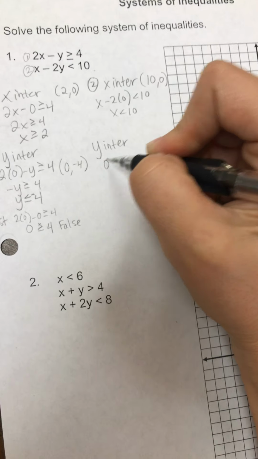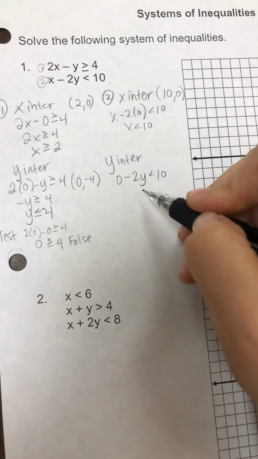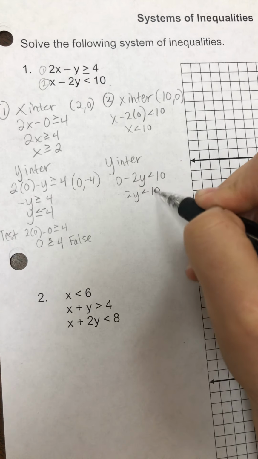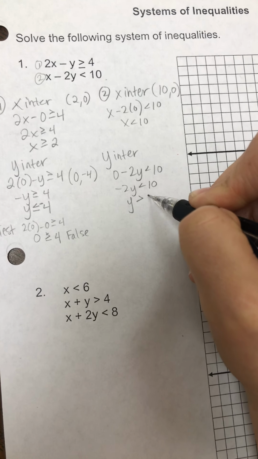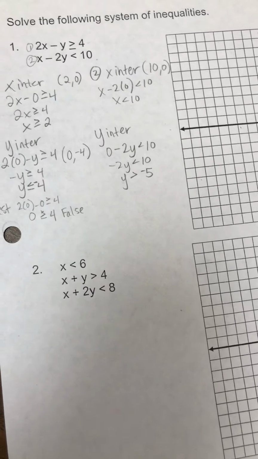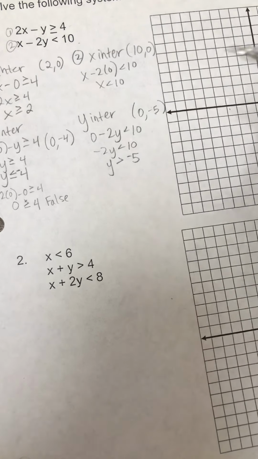So you're going to have 0 minus 2y is less than 10. And then negative 2y is less than 10. And you're going to get y is greater than negative 5. Okay, so now your point is going to be (0, -5).